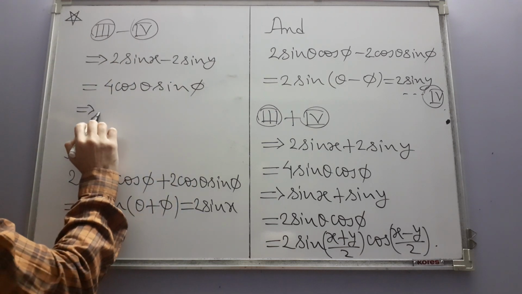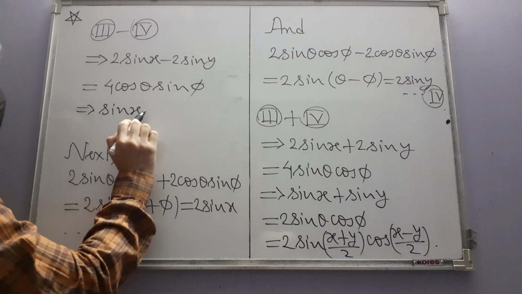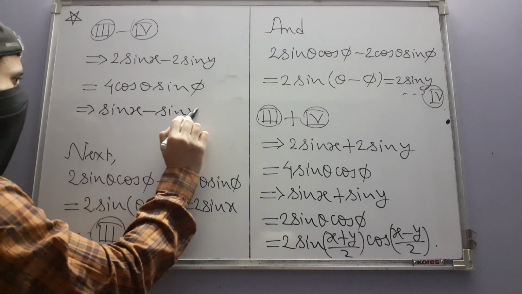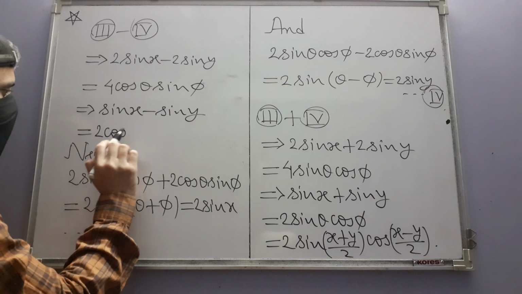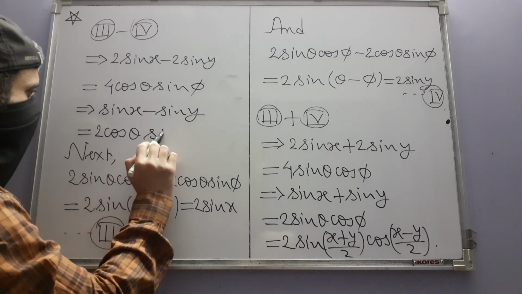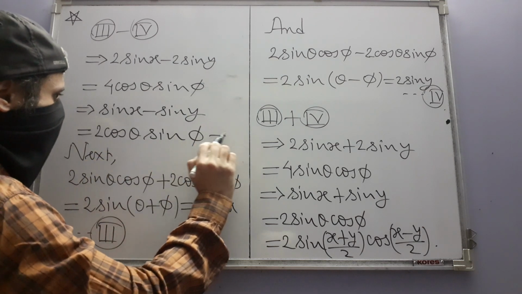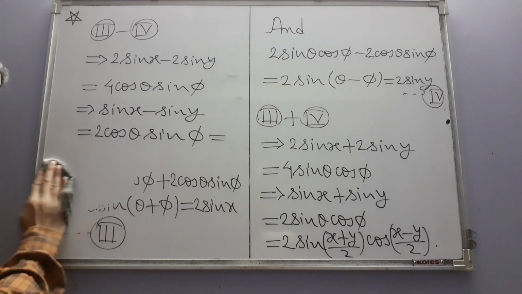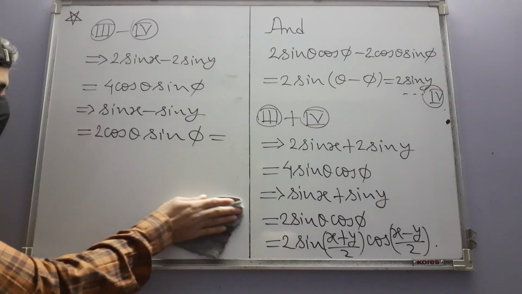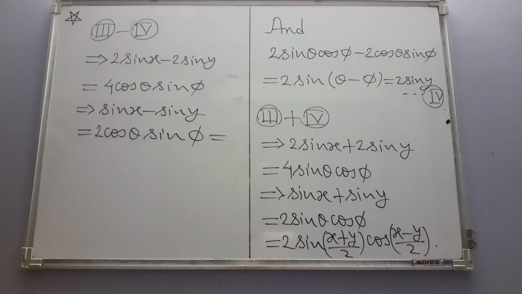And that's how you have the fourth one. And that is equal to, if you write in terms of x and y again, not theta and phi, then you get your fourth identity.